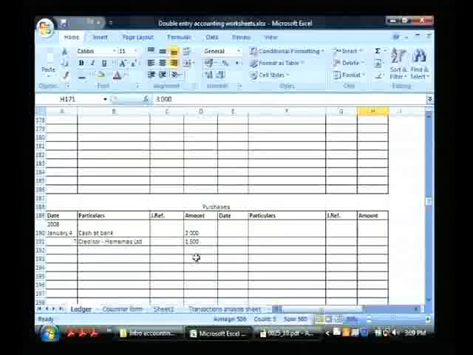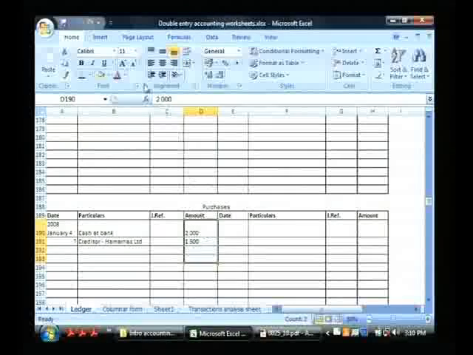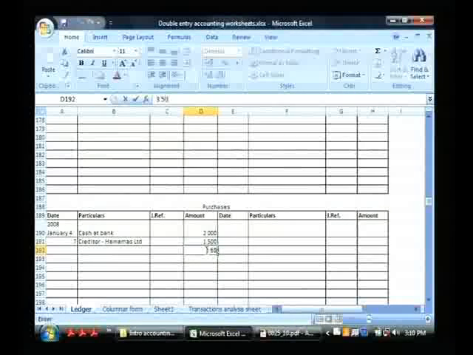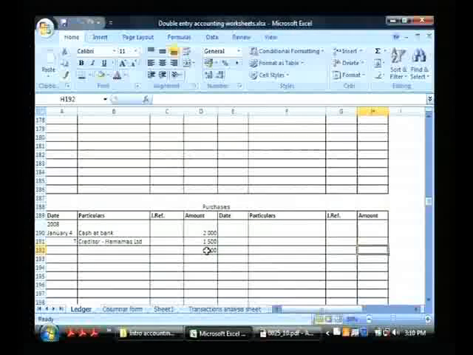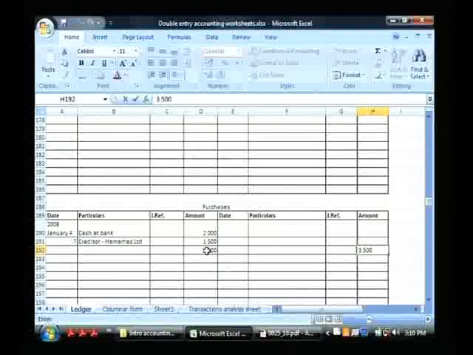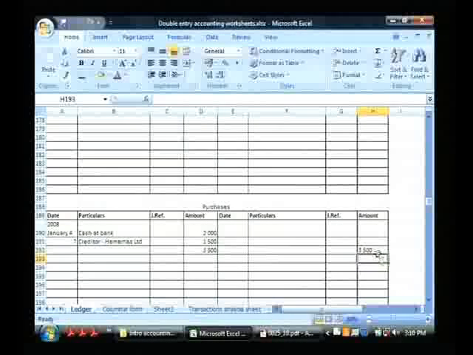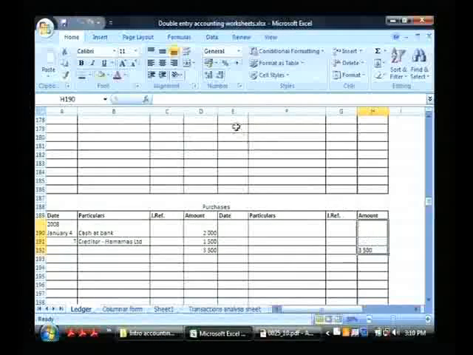Next, purchases. Purchases, credit side, no entries. Therefore, total of the account is 3,500 to be written in the credit side as well.